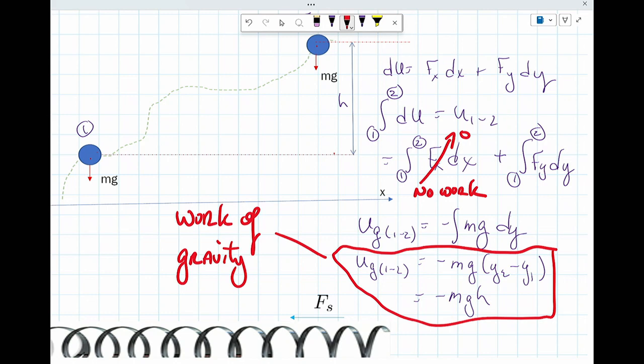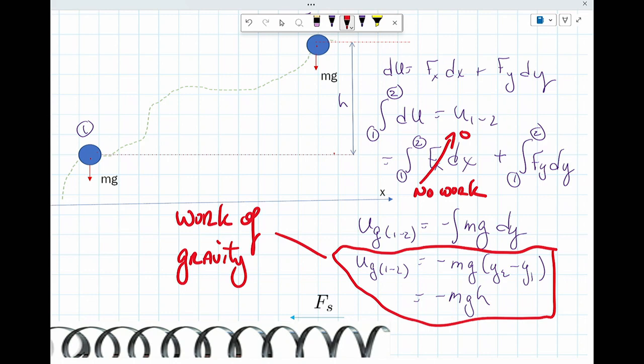So the work of gravity, we deal with it a lot like we do with springs, with spring force. Weight is acting downwards, the path is going upwards, and so they are acting diametrically opposed to each other, and so it becomes a negative value.